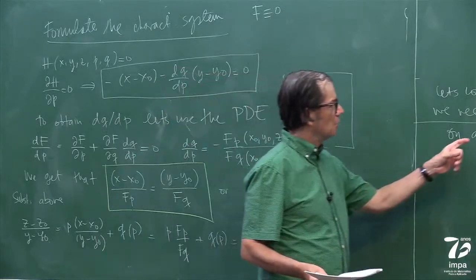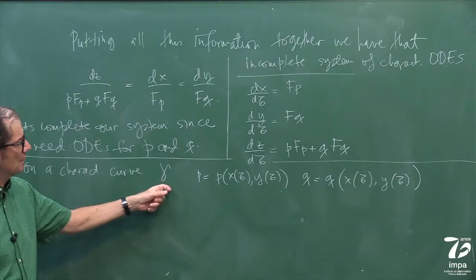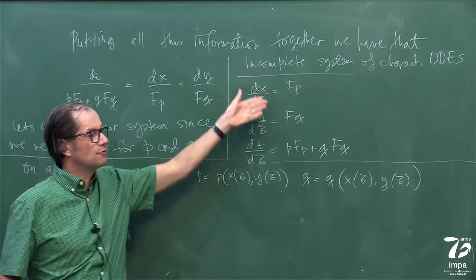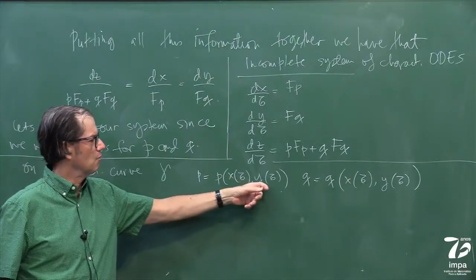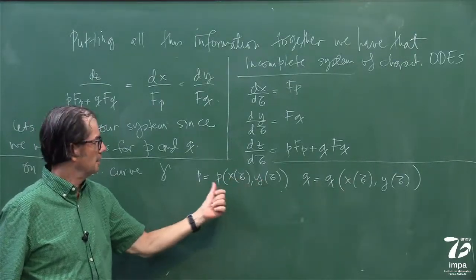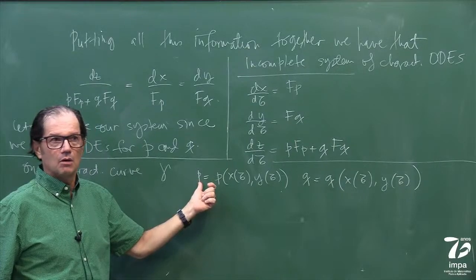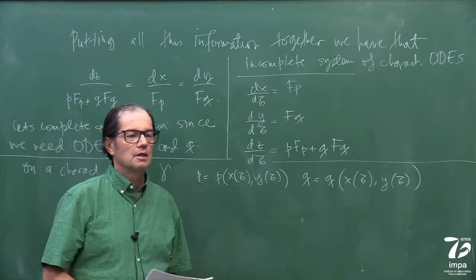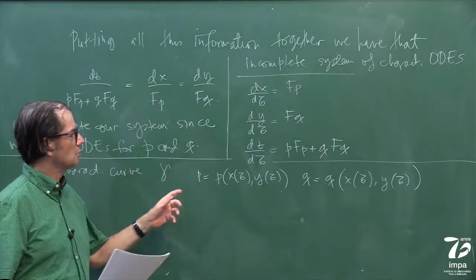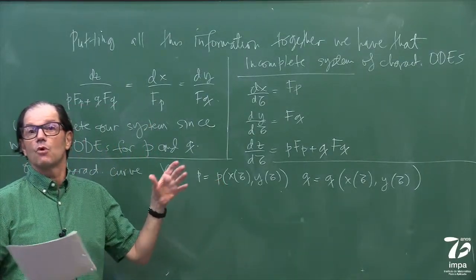I'm saying on a characteristic curve gamma, suppose I solve this, I have x of tau, y of tau, and this will tell me how P and Q are evolving along that orbit.